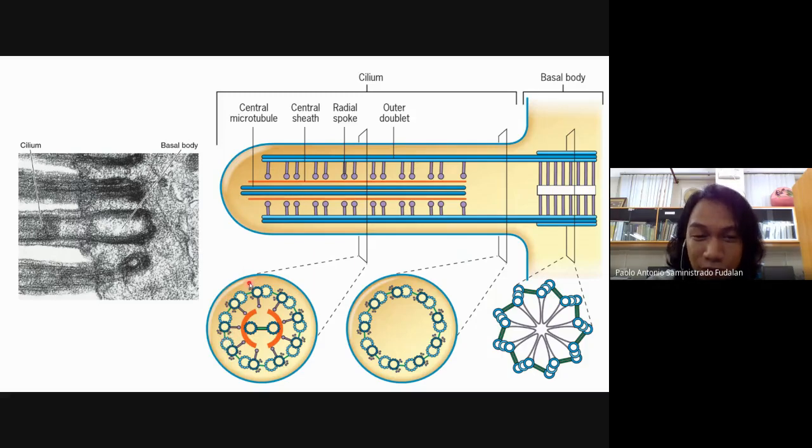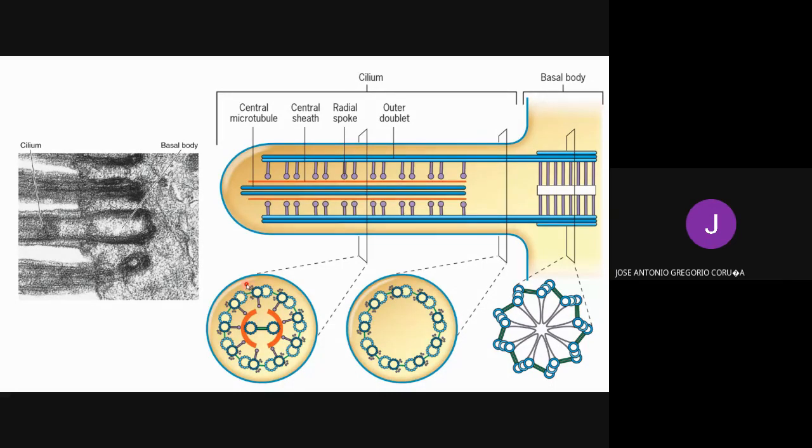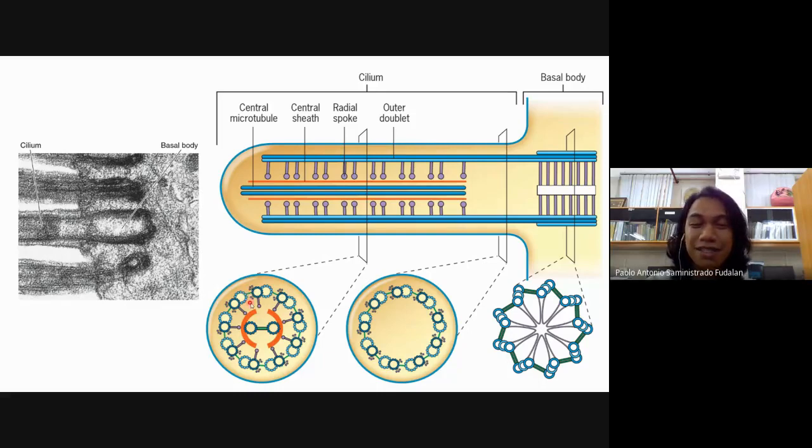What are those? These extensions from the A microtubule. Dynein arm, sir. Yes, all right. These are dyneins. These are going to make contact with the B of the next doublet, and with the help of ATP, it's going to push that doublet in a certain direction so that the cilium or the flagellum will move.